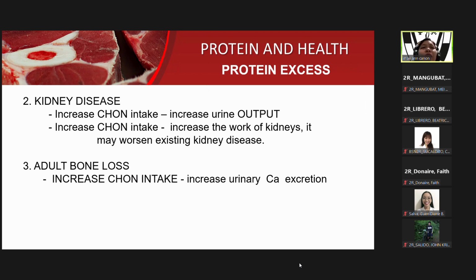Next is adult bone loss. If there is increased protein intake, what will happen to the bone? First, there will be increased urinary calcium excretion. You excrete more calcium, which depletes the bone of calcium. Instead of being deposited in the bone, the calcium is excreted because you have taken in too much protein.